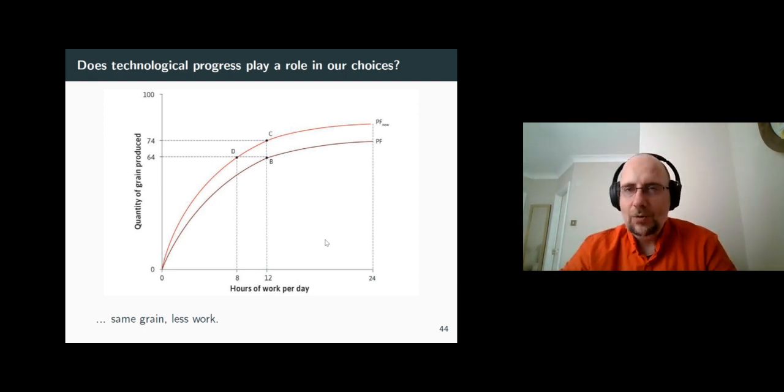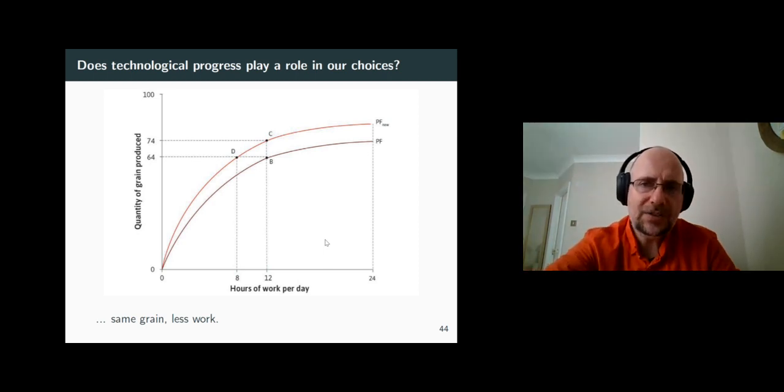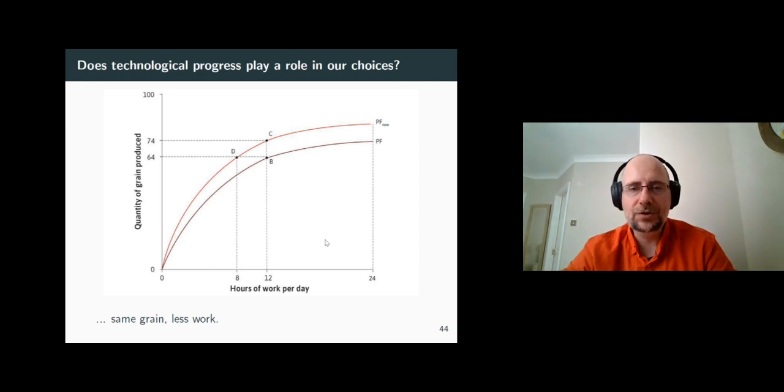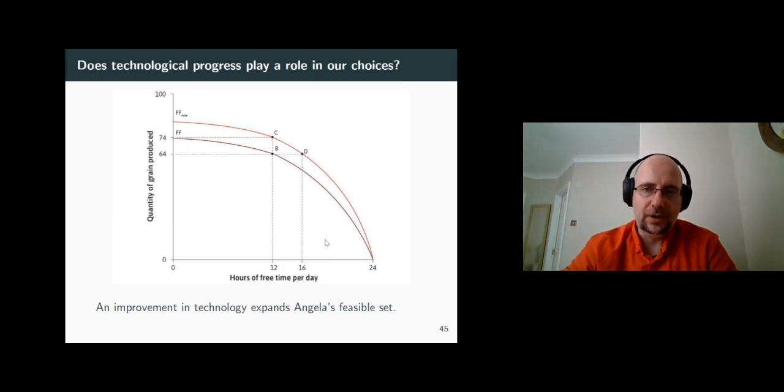Okay, now we know what technological progress does to production, but how does it affect our optimal choices? To understand the answer to this question, it is useful to go back to the production function as a feasibility constraint. If we plot the number of free time rather than the number of working hours, we'll get a mirror image of the production frontier.